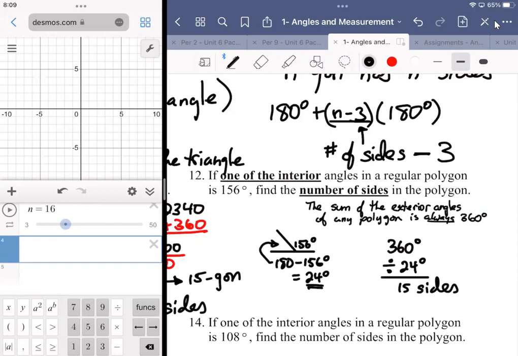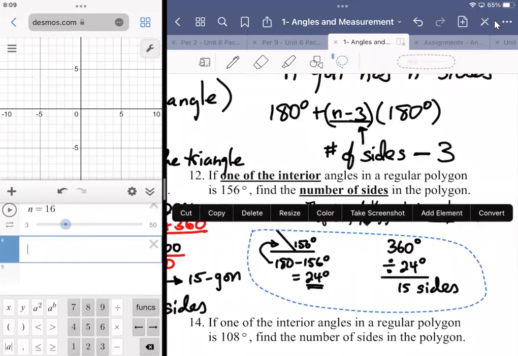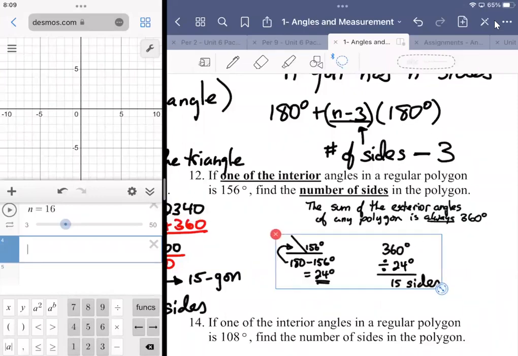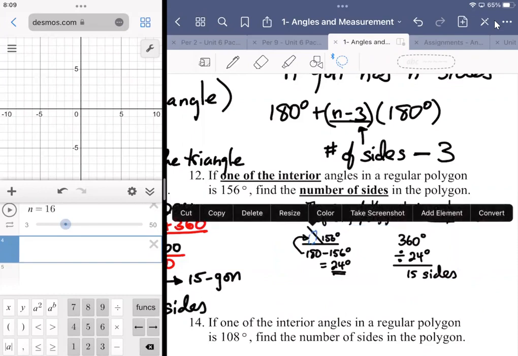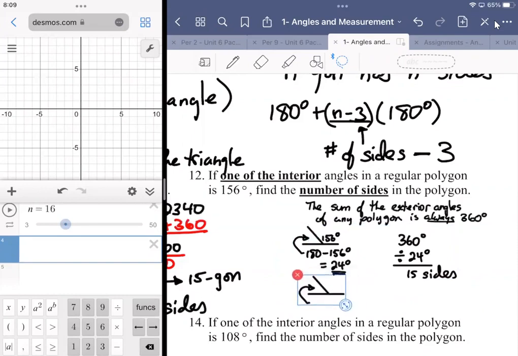What we did was, and I'll just draw a side-by-side diagram here in more general terms, instead of having 156, some specific value, let's say I just had A degrees. Then what I would do is find 180 minus A degrees. I would get that answer and divide it into 360.